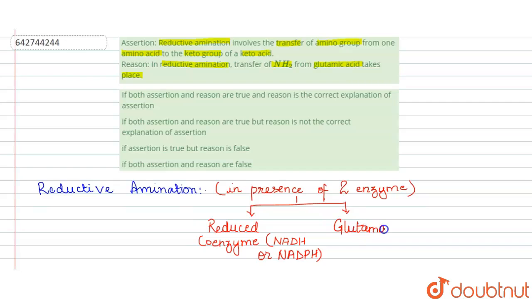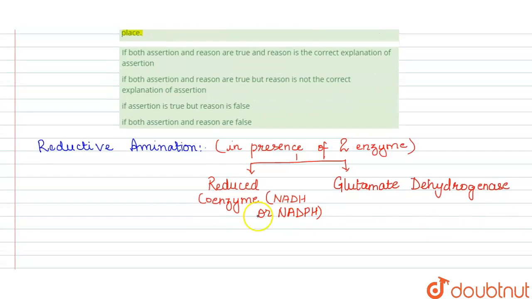Glutamate dehydrogenase, right? This is reductive amination. In this, these two enzymes are involved, and the ammonia directly combines in the presence of these two enzymes.